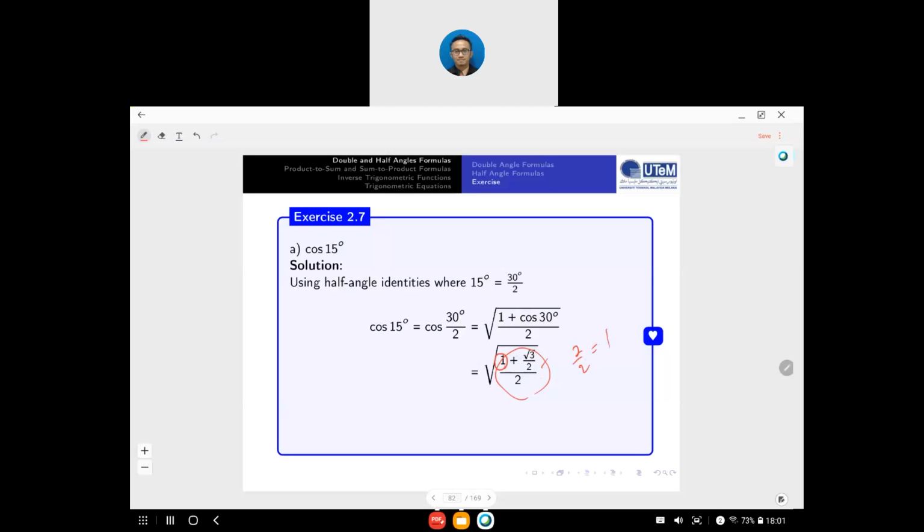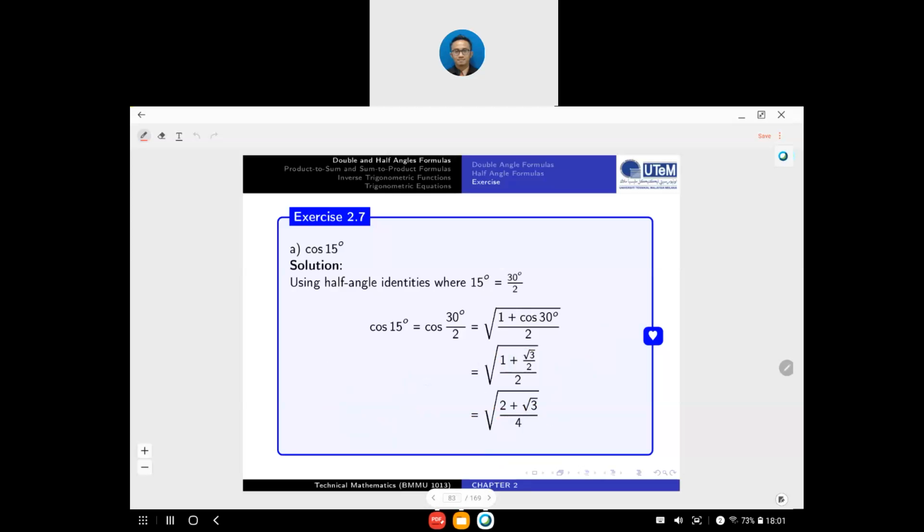So it's become 2 over 2 plus root 3 over 2, divided by 2. Okay, when you simplify this one, it's become 2 plus root 3 over 2 over 2. So 2 ni boleh turun ke bawah. So it's become 2 plus root 3 over 4. Okay. So yang ni boleh tinggal gitu sahaja. Tak perlu simplify lagi dah.